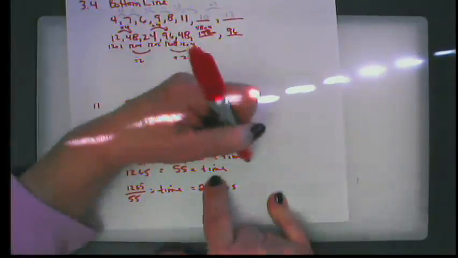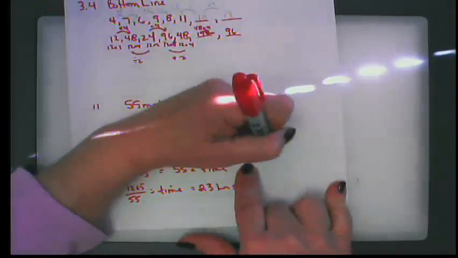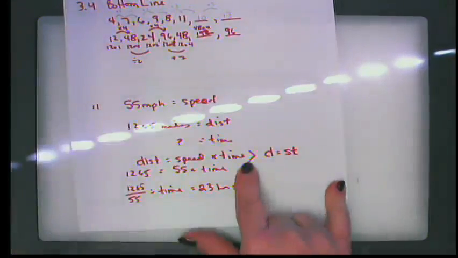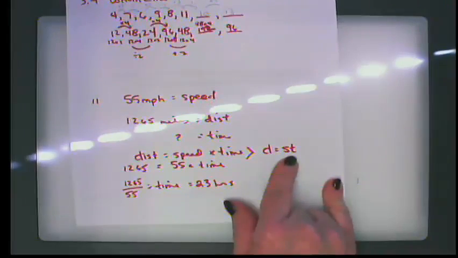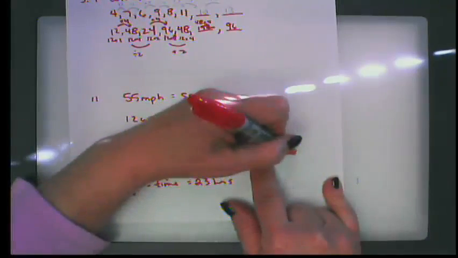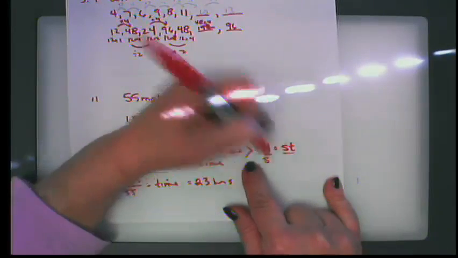Yes, so if you do this, I'm just going to write this. Distance is equal to speed times time, right? Now in algebra, if we want to get the t by itself, and there's something multiplied by it, we have to divide both sides by that thing, which in this case is speed.